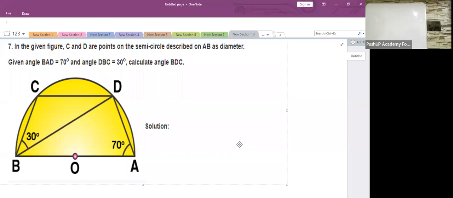Got it? Did you write the statement and the reasons? Do it neatly, man. What work is this? Okay. How much will be angle BDA? How much? Thank you. What is the reason?